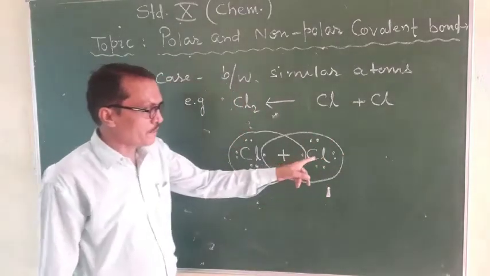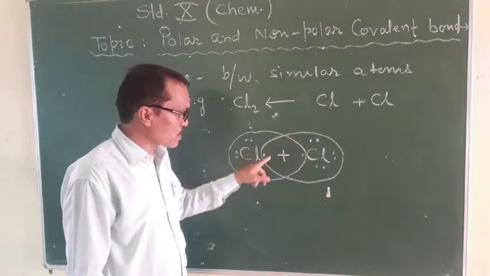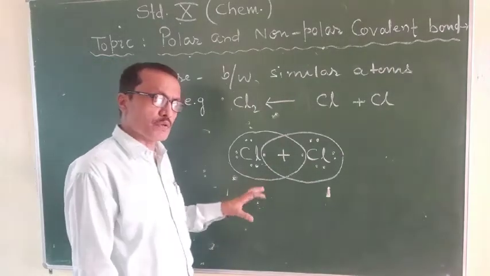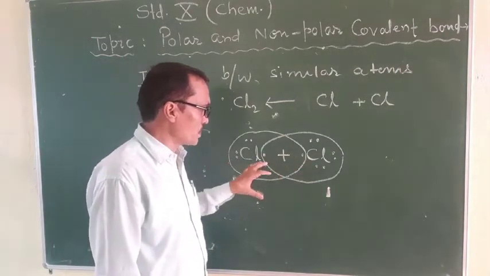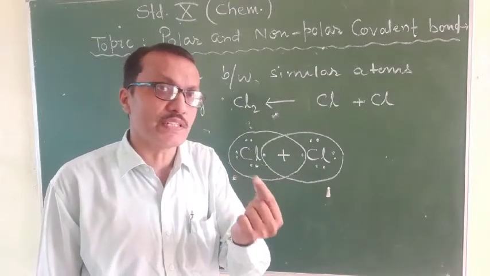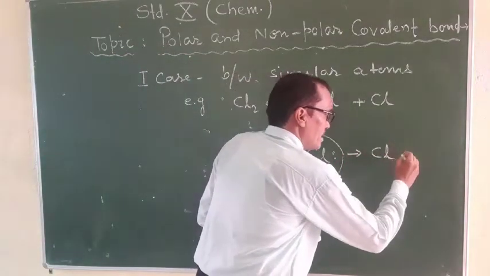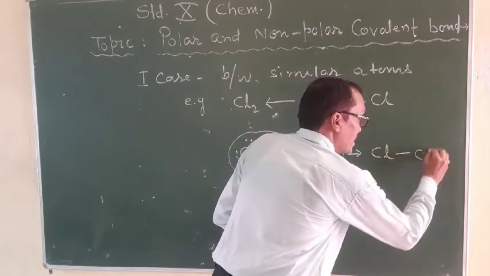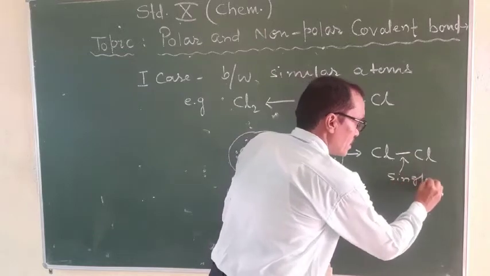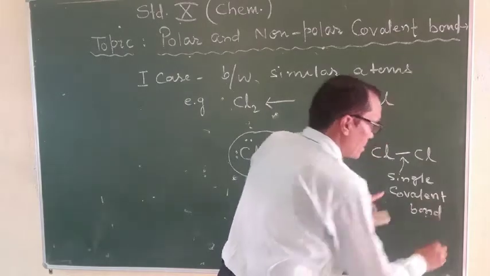And now you can see this chlorine also has got an octet. So between two chlorines there is sharing of 1 electron each. It means they will form a single covalent bond. Is it clear? Single covalent bond.